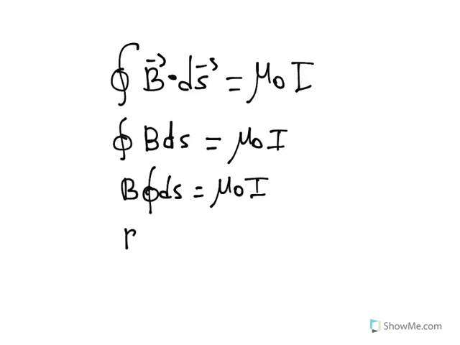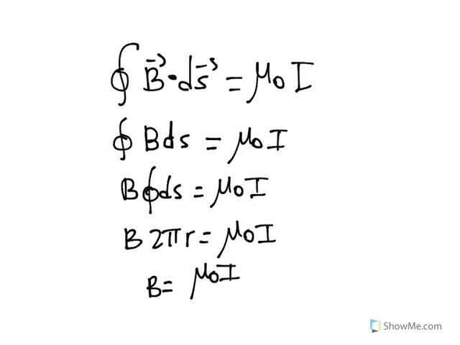So this is going to be equal to B times 2 pi r equals mu 0 I, such that B is mu 0 I over 2 pi r.